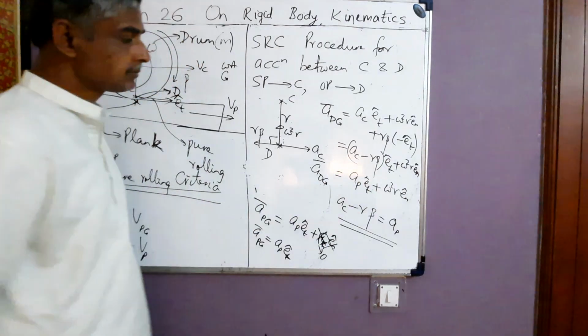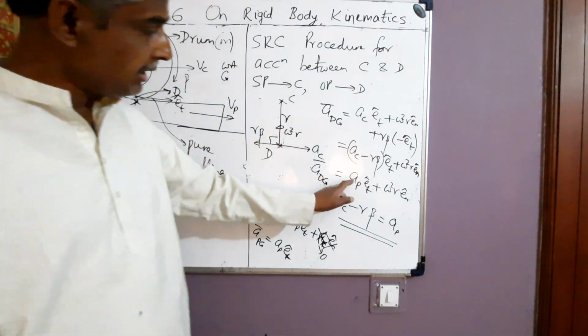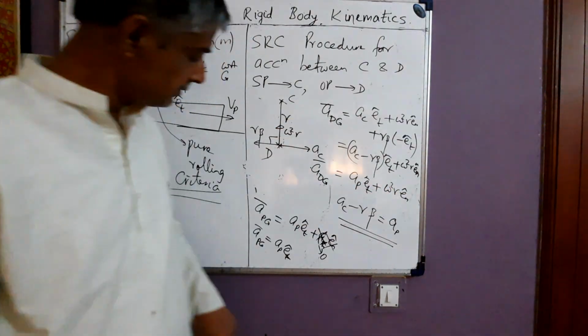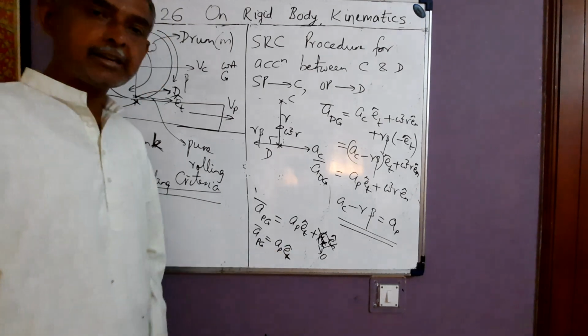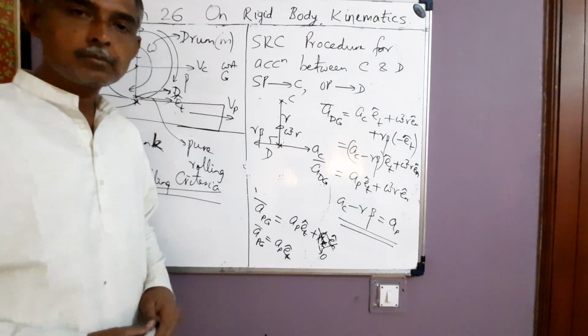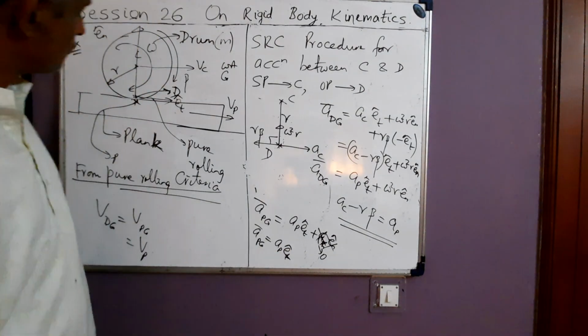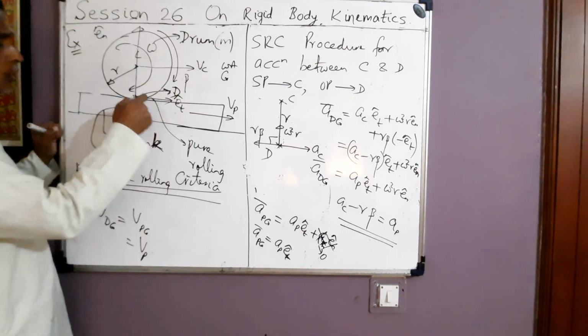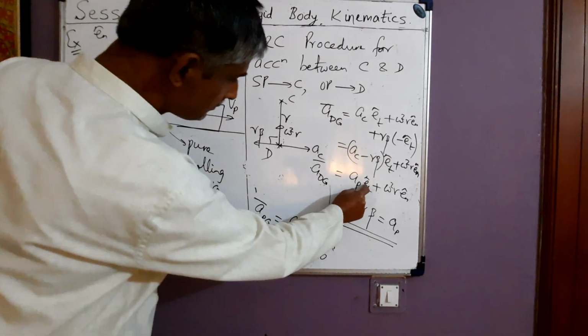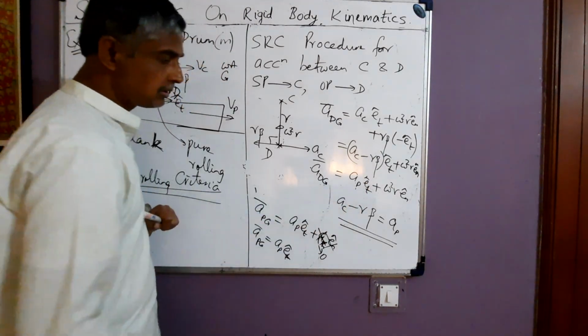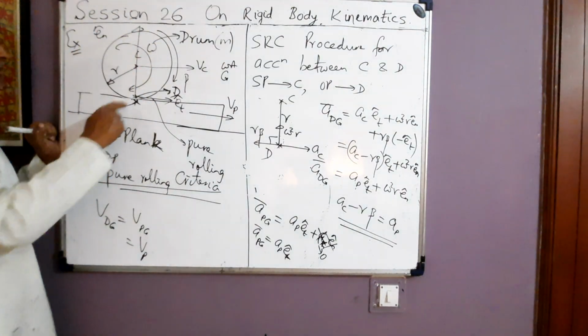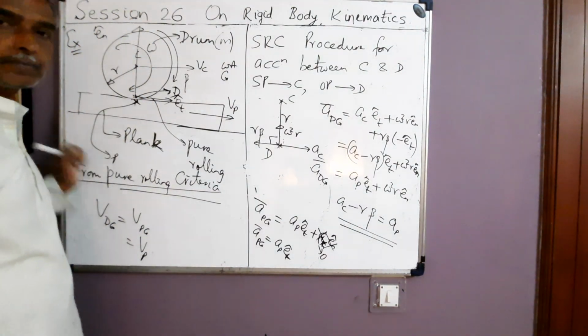So what do you see? ADG is equal to AP ET hat plus omega square R EN hat, and APG is equal to AP ET hat. So what does it mean? This means that the components of accelerations of P and D in the common tangent plane are equal. The ET component is the same in both. But along the common normal, acceleration of P and D are not the same.